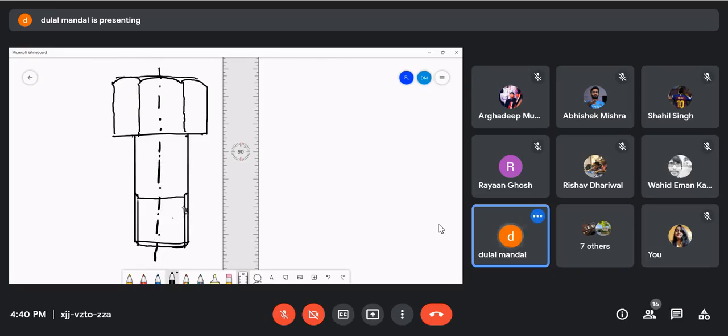Okay, this is one type of presentation of showing your thread portion. Okay, this does not have any dimension. This line is a small 45 degree, and this gap between these two lines you can say is the root diameter.